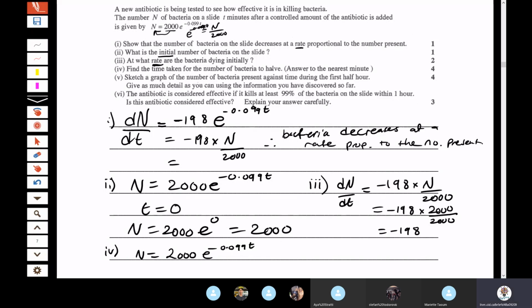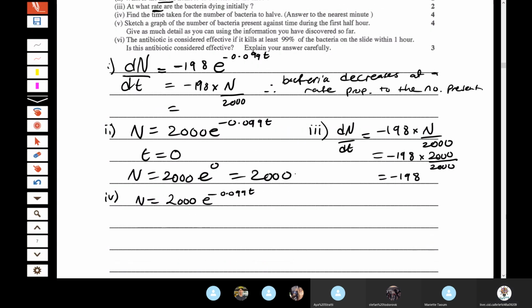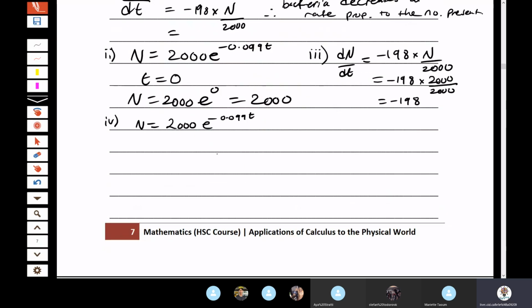What would I let n equal to? 1,000, right?